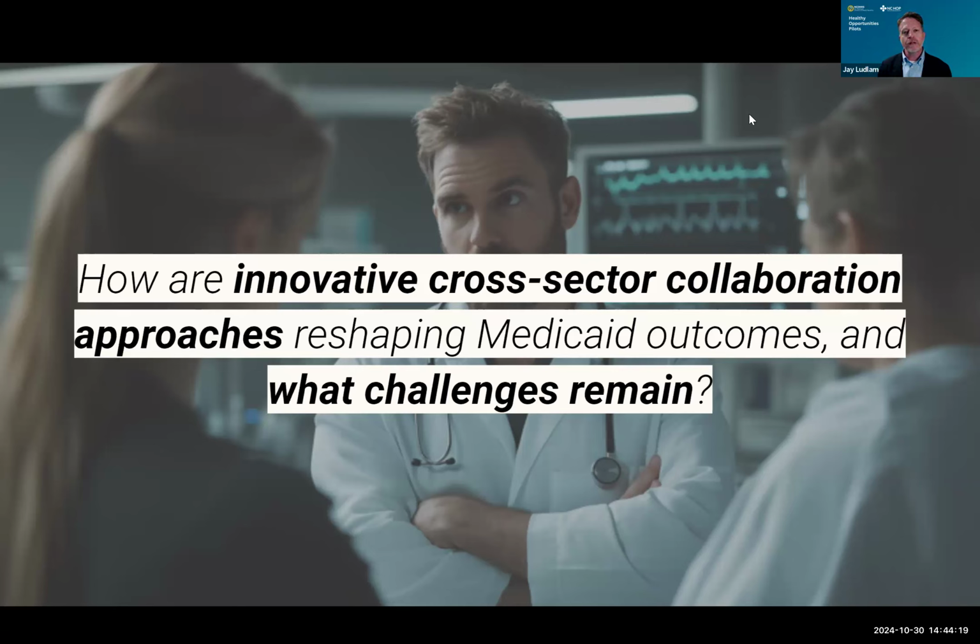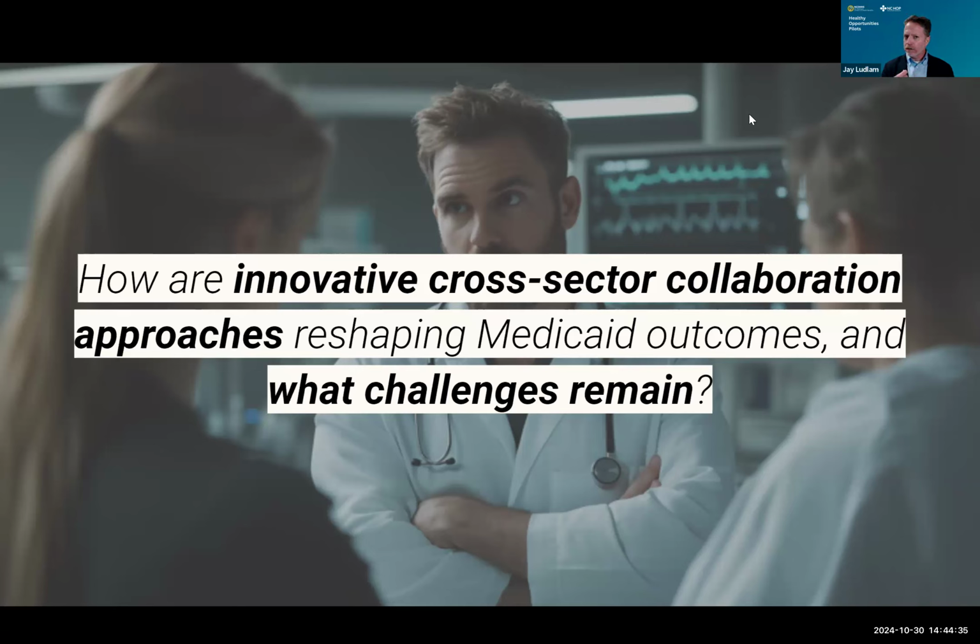Anecdotally, we're starting to see a lower acuity level within the communities that have healthy opportunities. And that, of course, has powerful impacts on what you might pay a managed care company to address those costs.